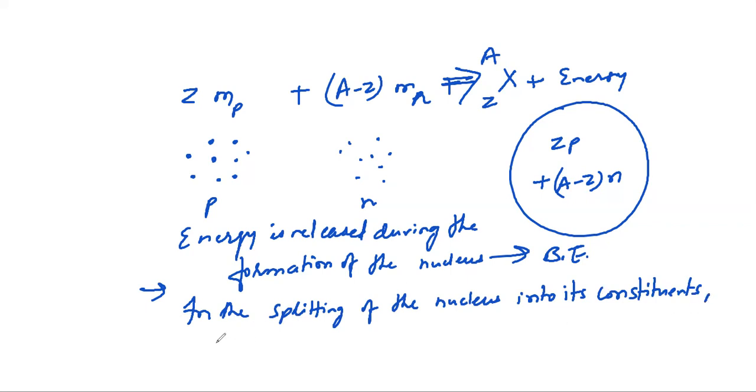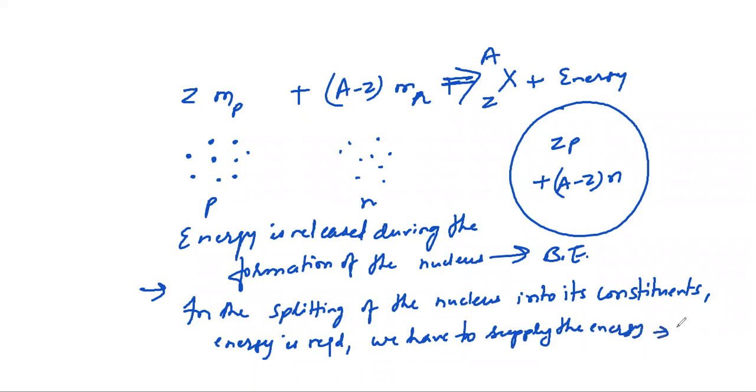You have to supply energy. This is also called binding energy. It is the same amount of energy that is released during the formation of the nucleus, and it is the same amount of energy that is required to break the nucleus into its constituents.